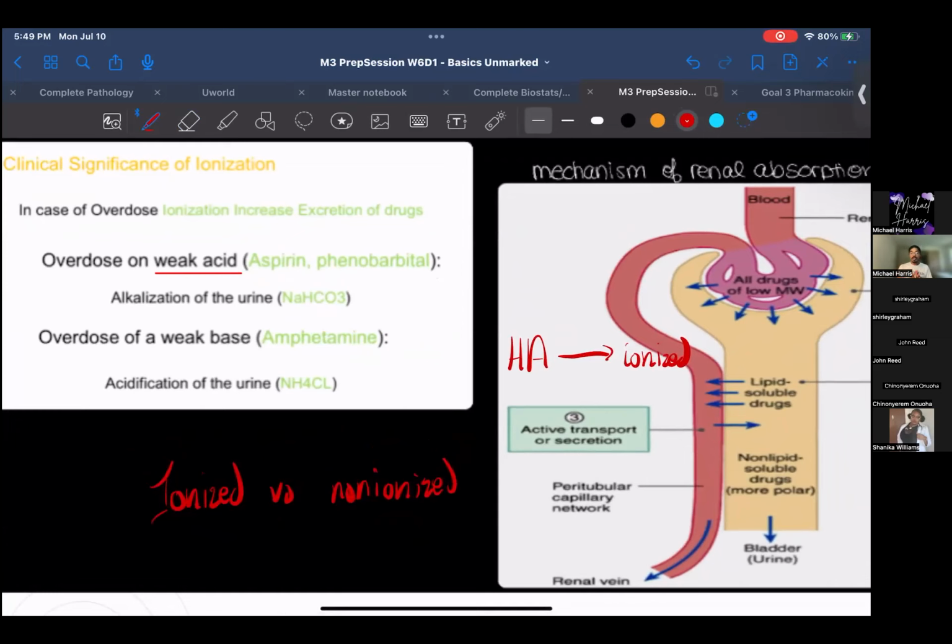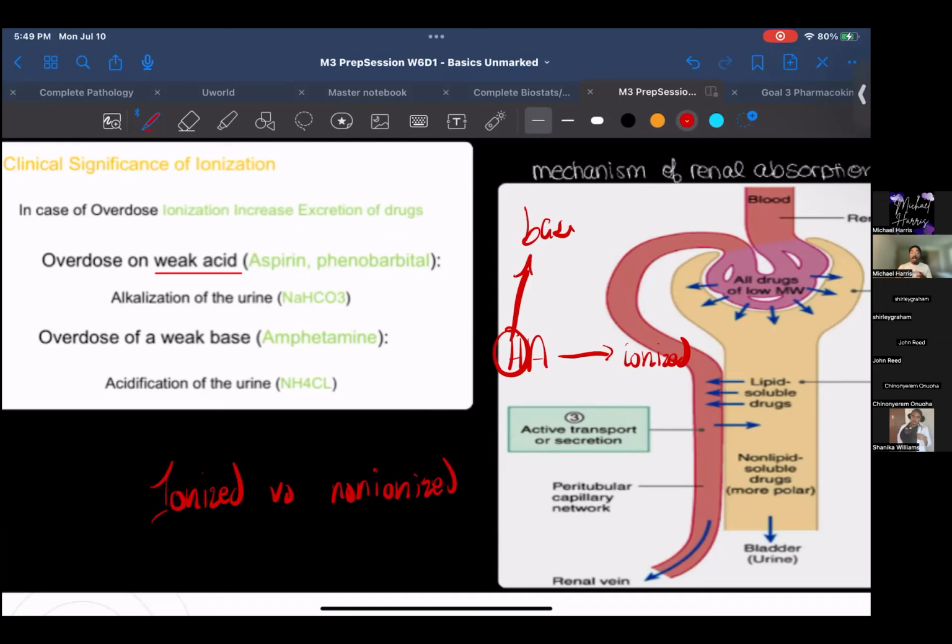A weak acid. How do you ionize a weak acid? Or in other words, how do you take this hydrogen and remove it? Yes, you add it to a base. So the base takes that hydrogen away from the weak acid, and now this drug is ionized.